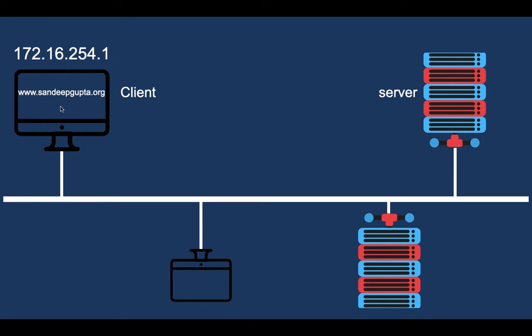So for example, the domain name of this particular website could be this thing. Basically this numeric address and this domain name are one and the same. The only difference is this is for our understanding and this is for the understanding of the network, of the computer, of the server.